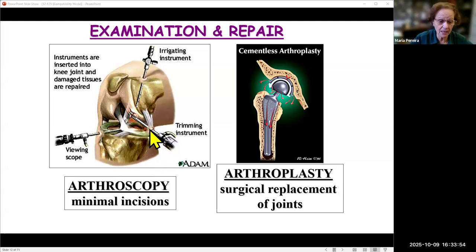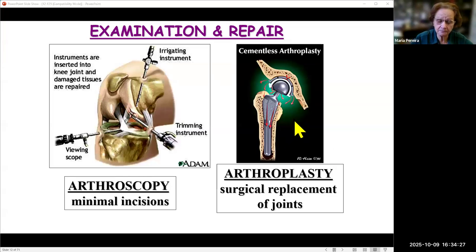And the third one has the surgical instrument that can be used to clear up the area, to trim, to remove pieces of ligament that have been ruptured. This type of surgery has been developed, and it's a big advantage that you don't need general anesthesia, and you just need this much easier surgery.